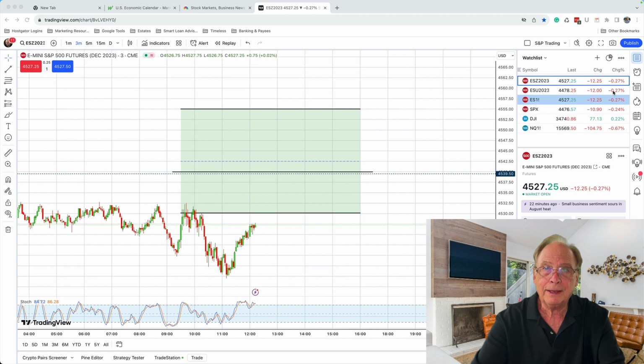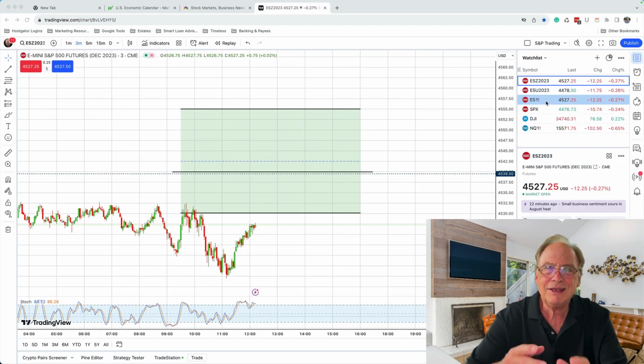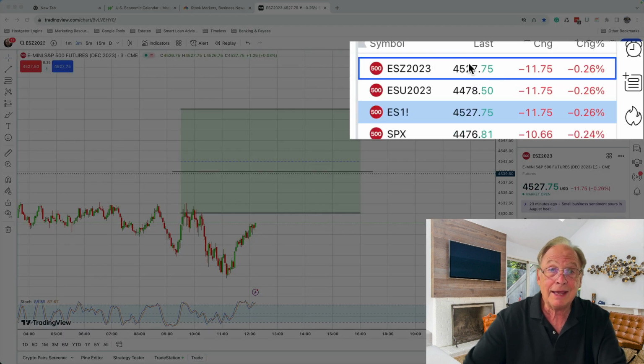Now, there's one more thing that I want to point out in terms of the difference in price between the expiring contract and the new contract. As you'll note, there's the ESU trading at 44.78, the ESZ trading at 45.27. But there's also an ES1 contract. The ES1 contract is called a continuous contract. It doesn't change, and you can trade the ES1 throughout the year without trading the actual contract month. So you'll notice that the ES1 is exactly the same price as the ESZ.